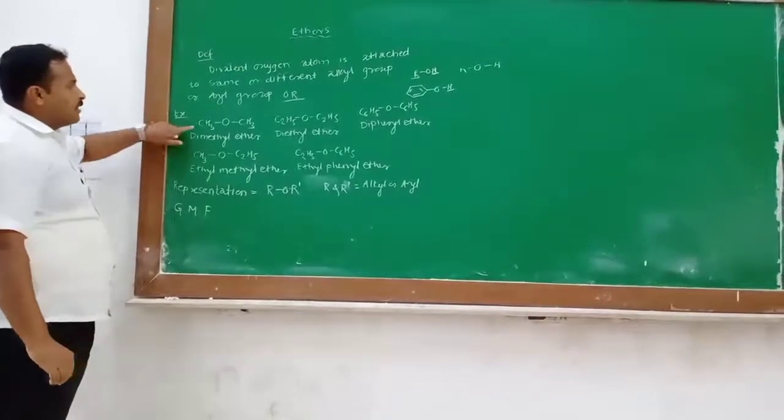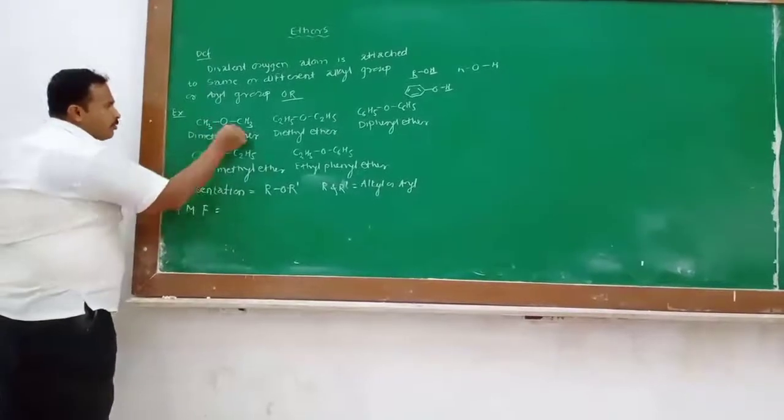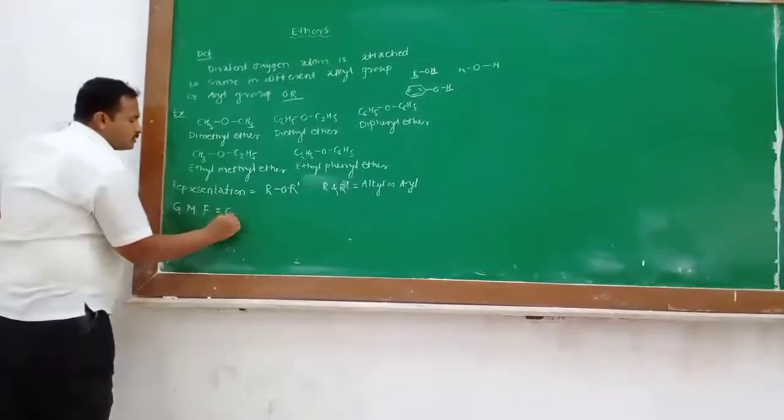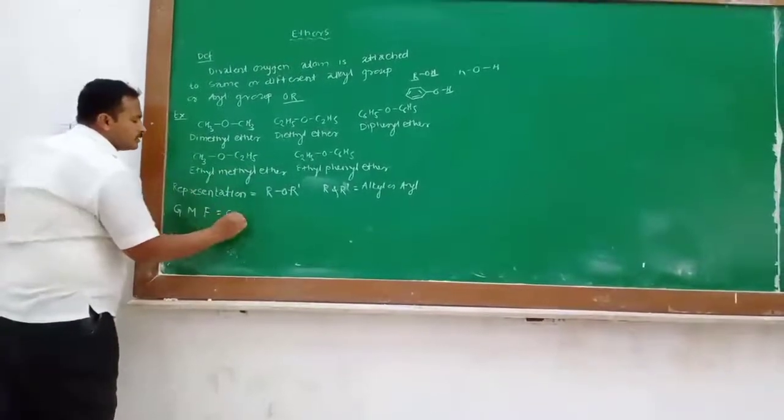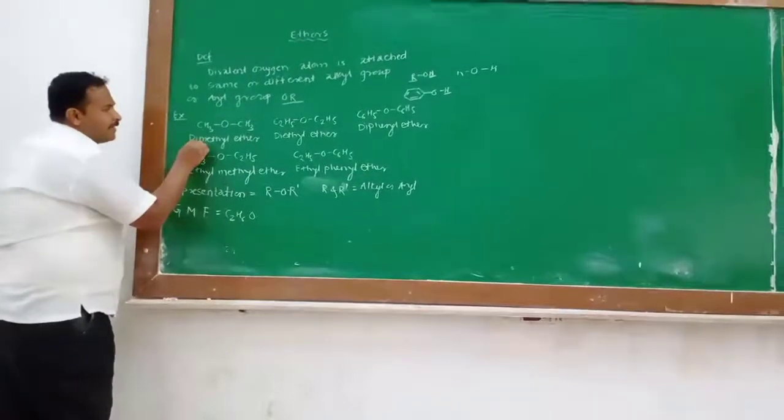You know this example, CC. How many carbon atoms? 2. C2H6O is the molecular formula of this ether.